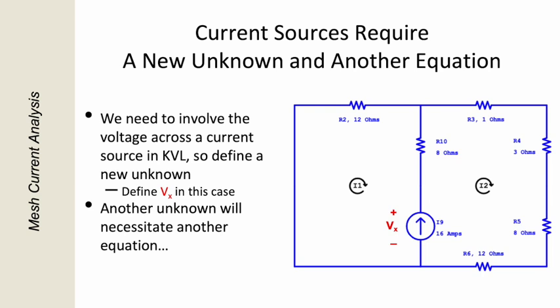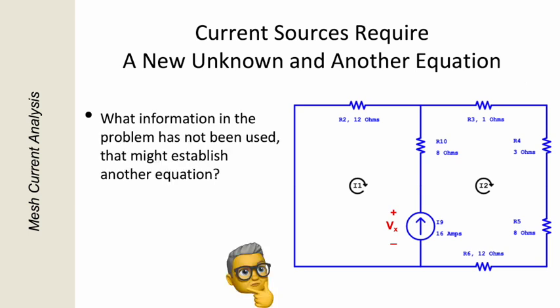And well, we just introduced another unknown, so now we're going to need to also introduce another equation in order to be able to solve. So what information is presented in this circuit that hasn't been used yet that we could then use to establish another equation?